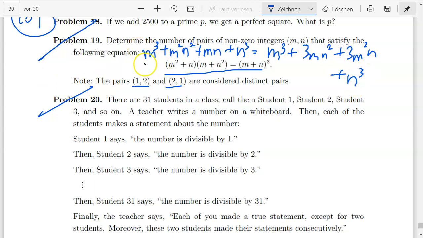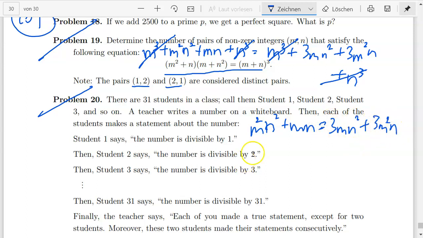So we see here that both sides have m cubed and n cubed, so we can remove these. So we have now m squared n squared plus mn is equal to 3mn squared plus 3m squared n, and then we can factorize out the mn over here. So mn times bracket mn plus 1 is equal to mn times 3m plus 3n.